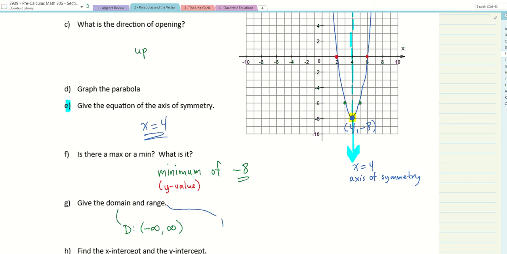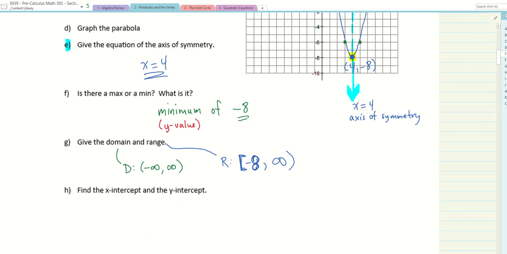So the range for y values is going to be from -8, all the way up to positive infinity, square bracket, because you can equal -8. Infinity has the round bracket. All right, so that's the domain and range.